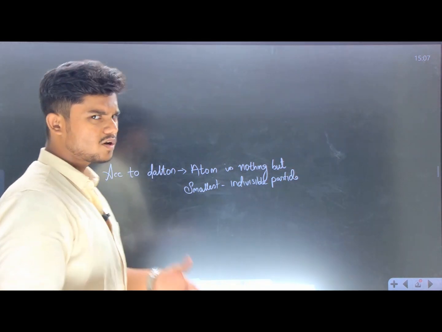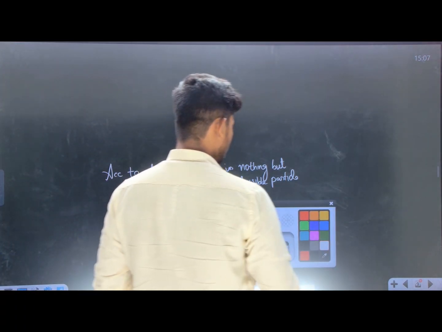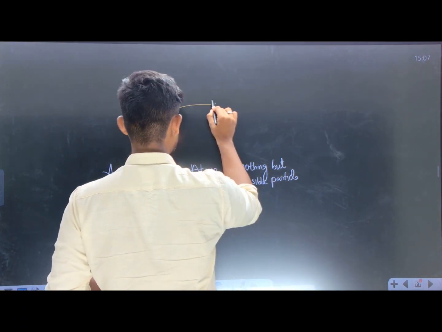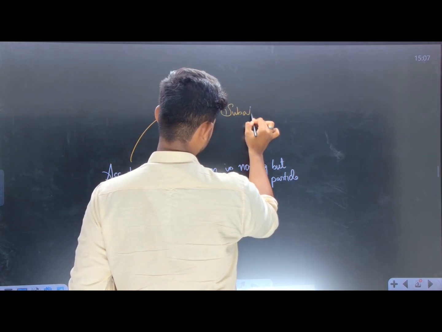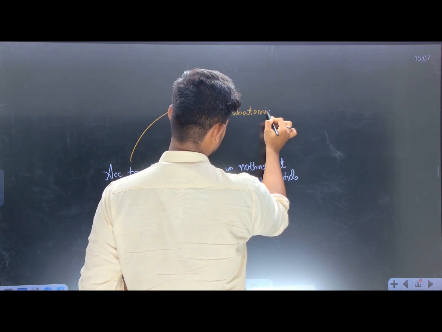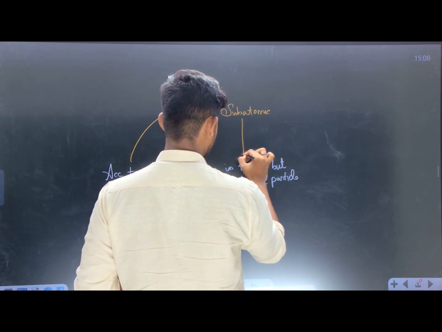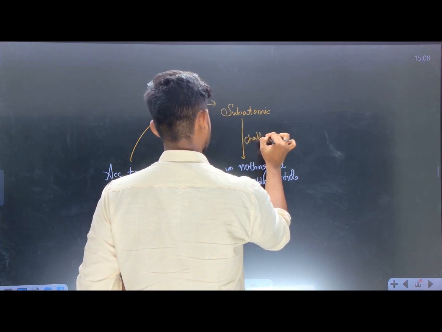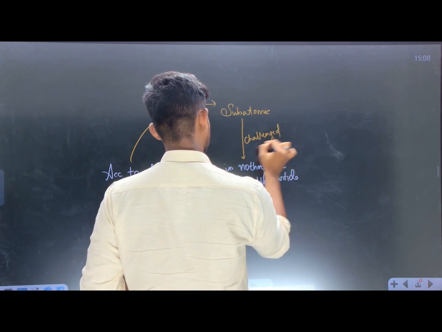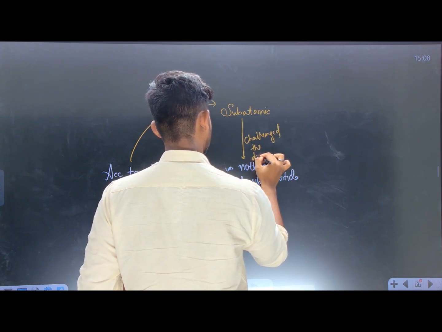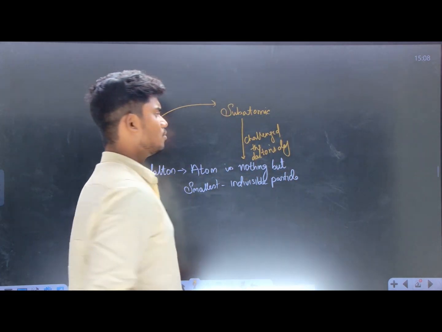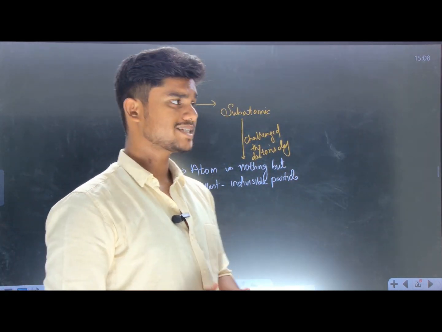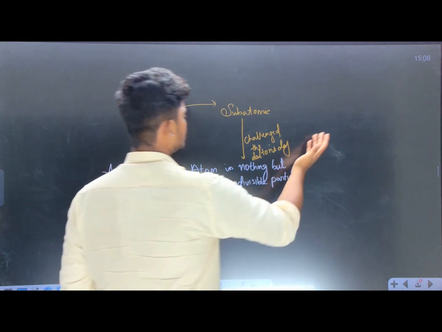So if atom is the smallest indivisible particle, then the first question that arises is, what are subatomic particles? So subatomic particles challenge this definition. When Sir John Dalton's definition was challenged, then comes the turning point.